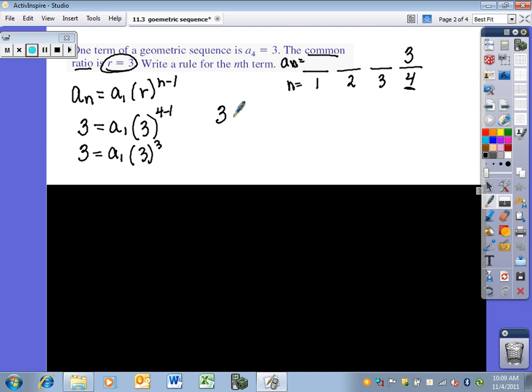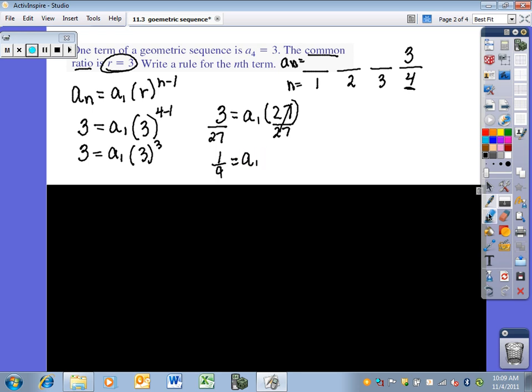That's 3 equals a sub 1 times 27. So to solve for a sub 1, I need to divide by 27. So I get 1/9 equals a sub 1.